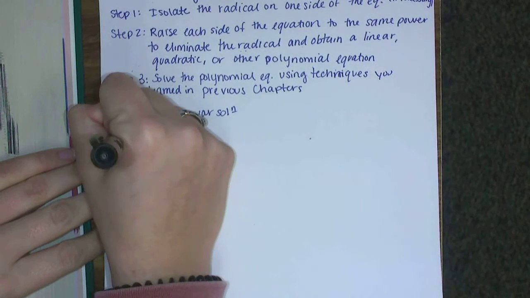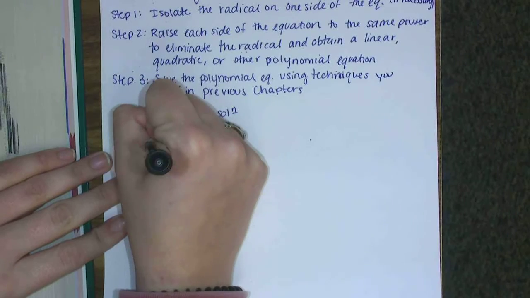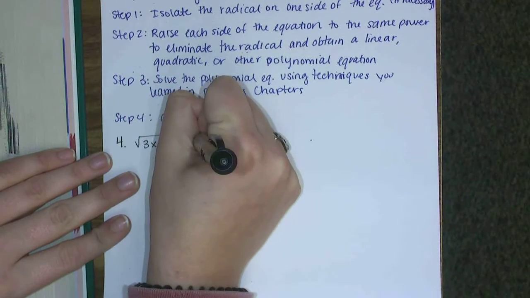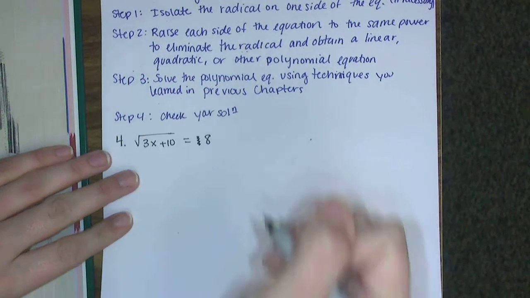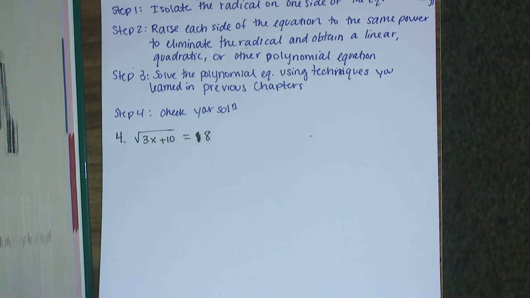Number 4, which is the square root of 3x plus 10 is equal to 8. So if you remember back, I don't know if I've actually said it in this class, but Mr. Cass said it a lot. When you are solving equations, you undo what's being done to it in reverse order.